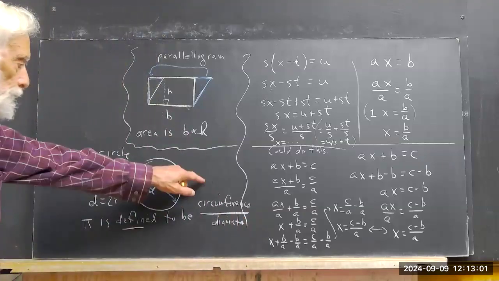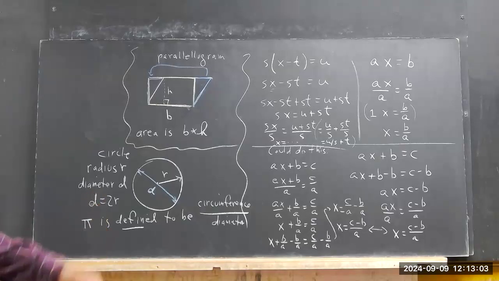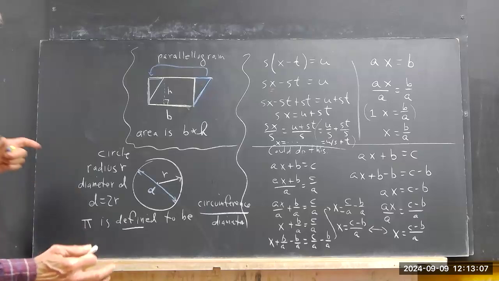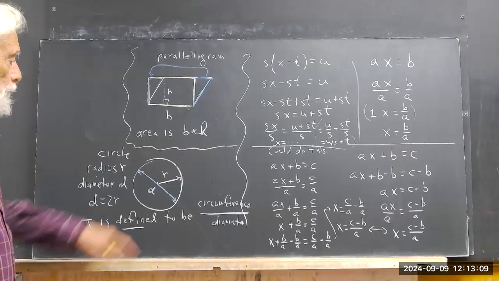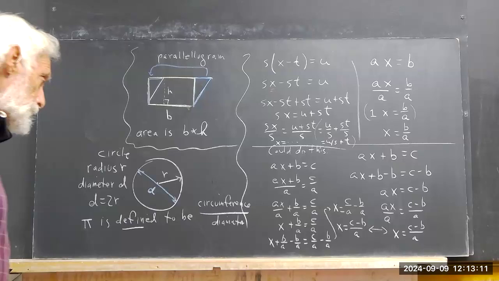Pi is defined to be circumference over diameter for a given circle. And that's the same for all circles. No matter how big or how small, the circumference is pi times the diameter.